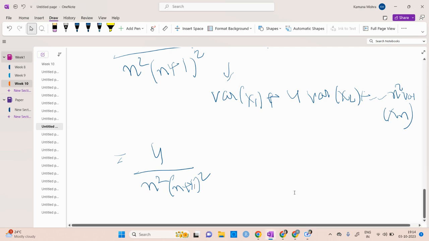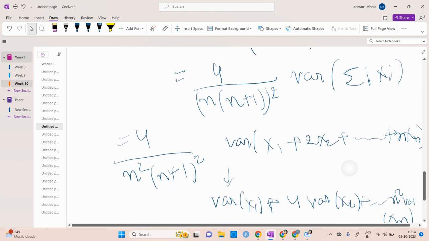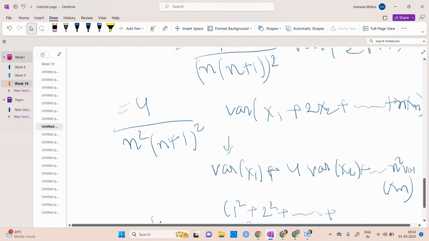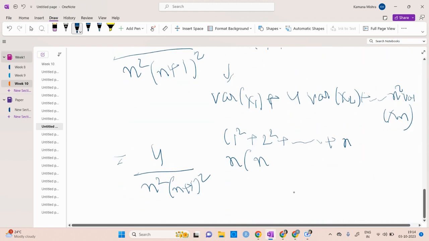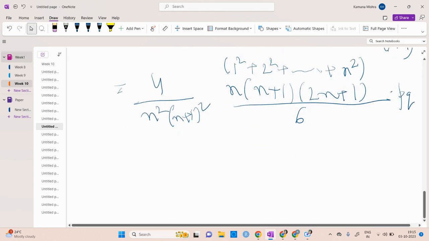Okay, so that one will be 1 square plus 2 square up to n square, right? So its sum is nothing but n(n plus 1)(2n plus 1) divided by 6, and then variance of this will be pq, right?